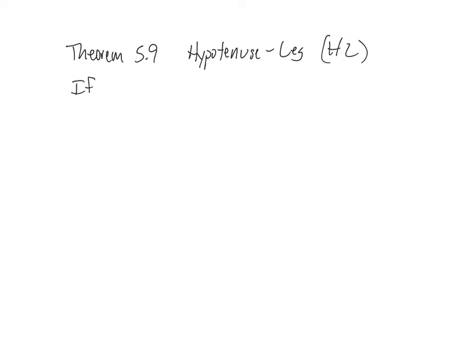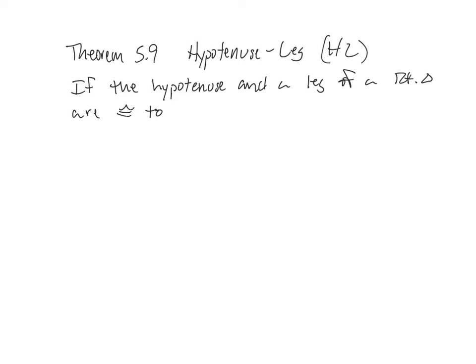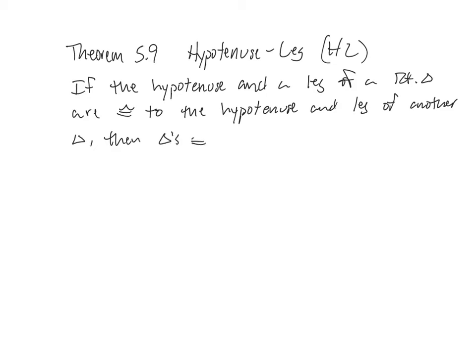So the theorem's kind of long, but if the hypotenuse and a leg of a right triangle are congruent to the hypotenuse and leg of another triangle, then the triangles are congruent.